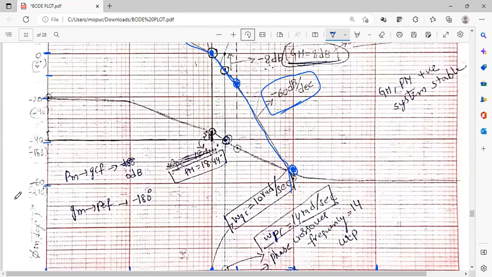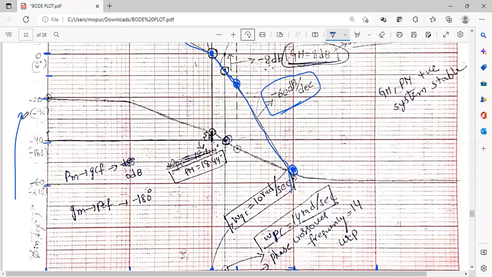On the same axis, I am taking the phase angle also, that is the angle of GH of j omega, in degrees. I am taking this as 0 degree. Make sure that the magnitude plot and the phase angle plot do not cross each other.